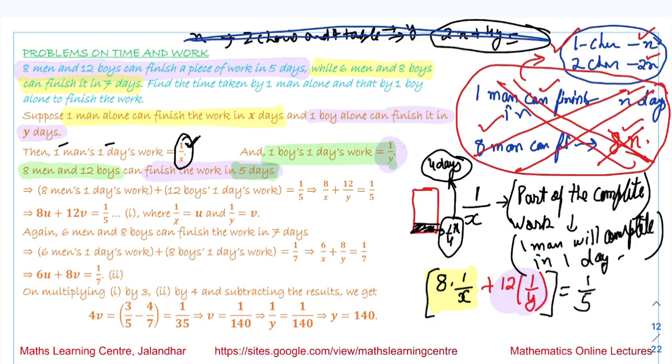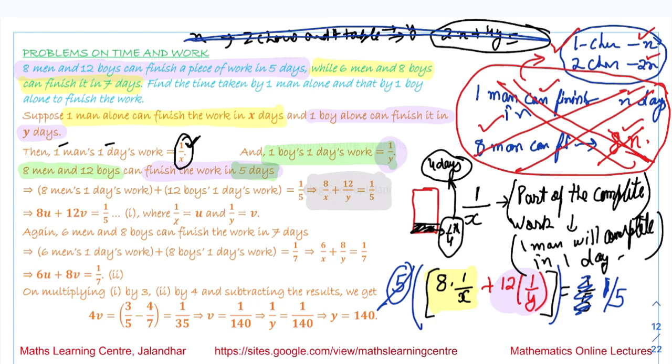If this is the part of the work done in one day, it means they will take 5 days to complete the work. You can shift this 5 to this side, so it becomes 1 by 5. So the equation we now have is 8 by x plus 12 by y equal to 1 by 5.